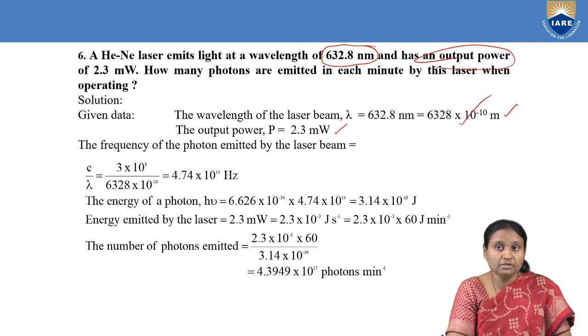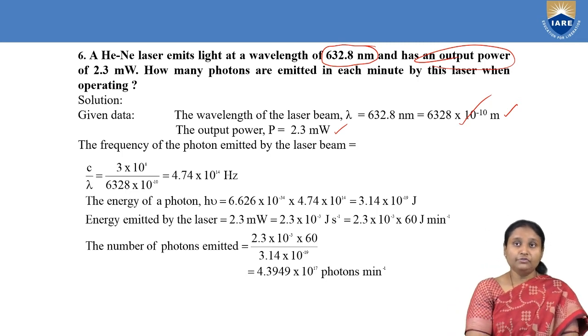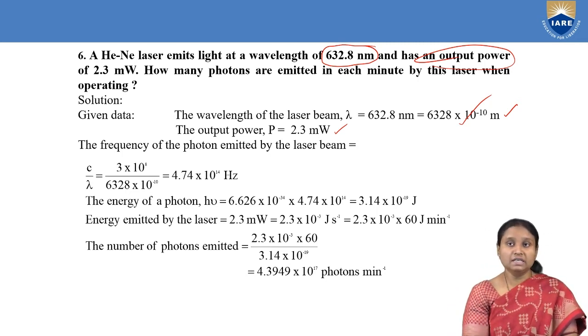If you want to write it in watts, we multiply it by 10 power of minus 3. In order to find how many photons are emitted, first I'll find the frequency of the photon emitted by this helium neon laser.